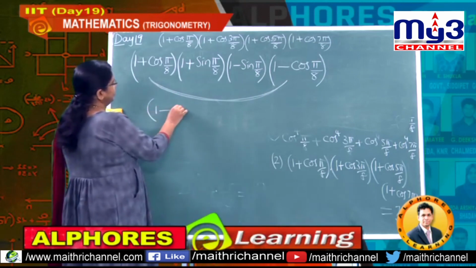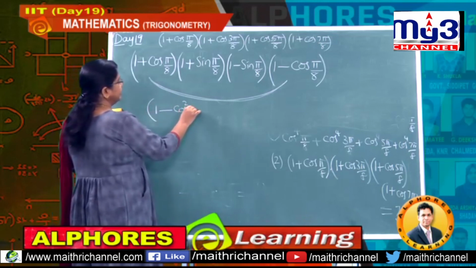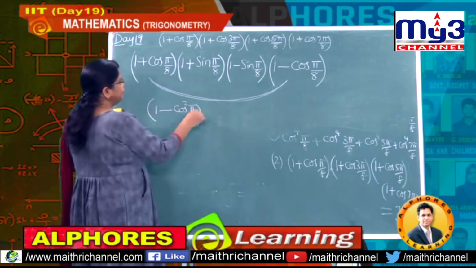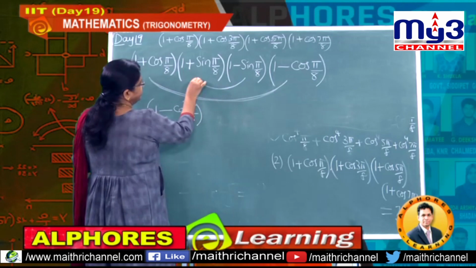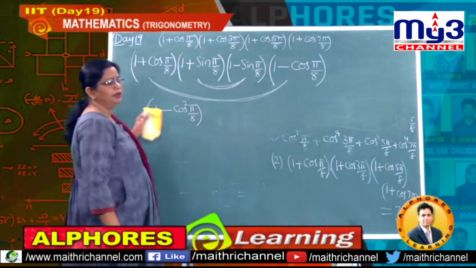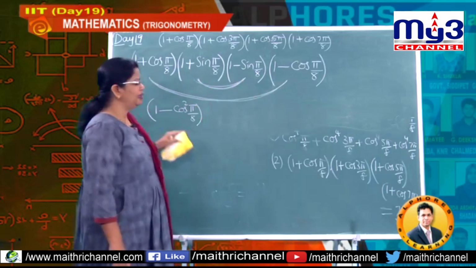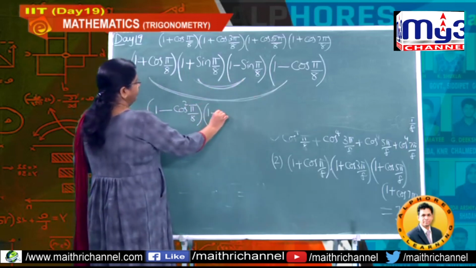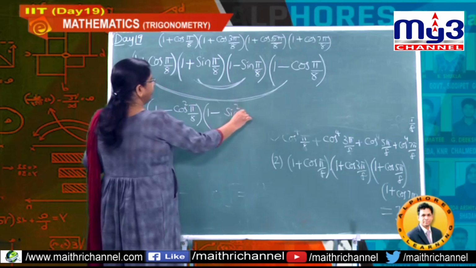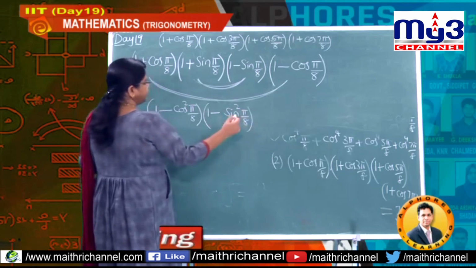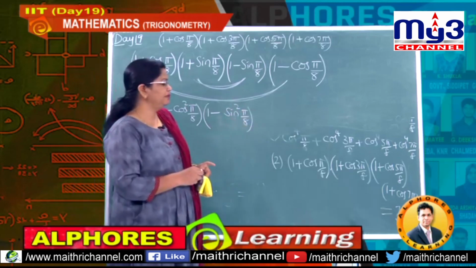Therefore, you can write 1 minus cos square pi by 8. Okay. And next one, this is also of what form here? 1 plus sin pi by 8 into 1 minus sin pi by 8, and therefore again 1 minus sin square pi by 8. Got it, students? The only thing is here, the problem is very easy.